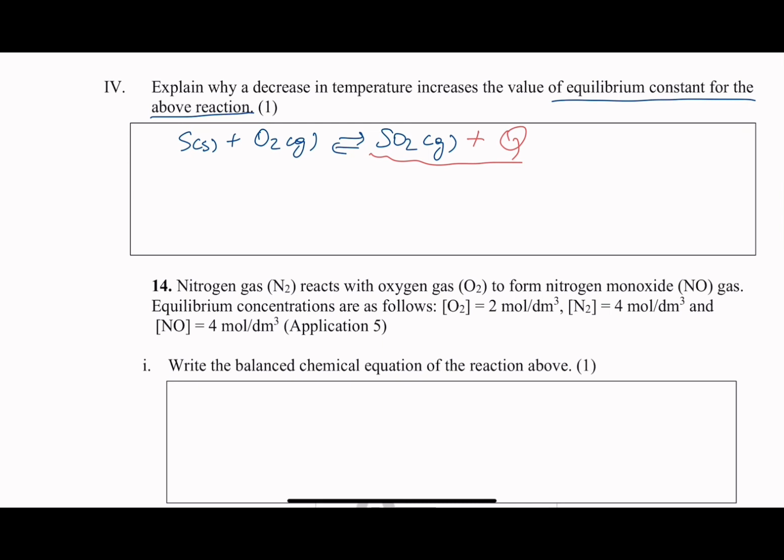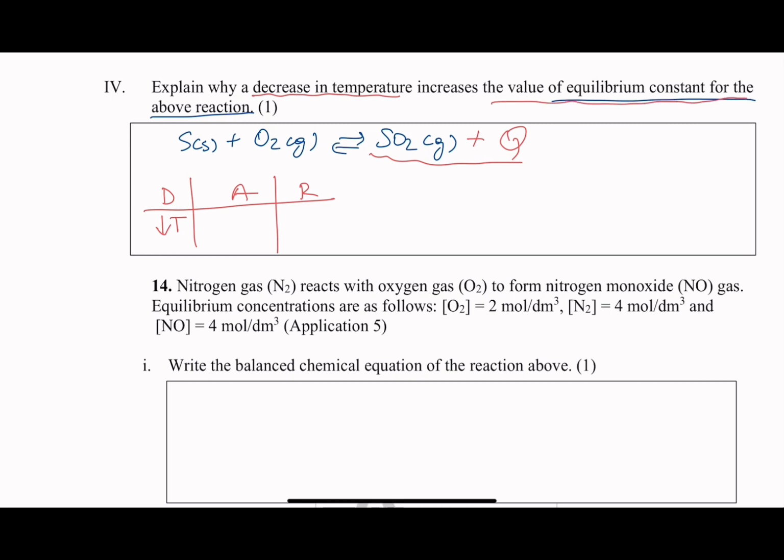Okay, so let's do a disturbance, action, and result table. It is telling me why a decrease in temperature, meaning that my disturbance is decreasing the temperature, increases the value of the equilibrium constant expression.